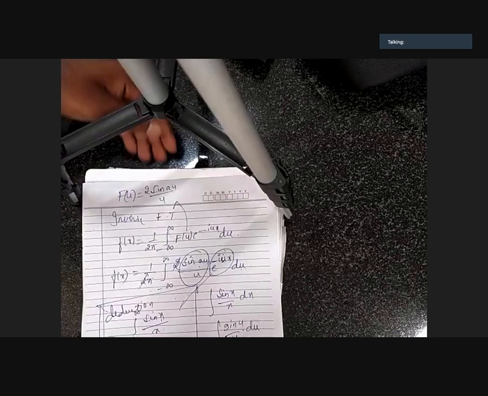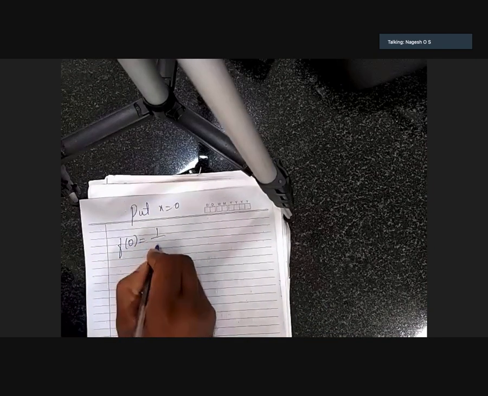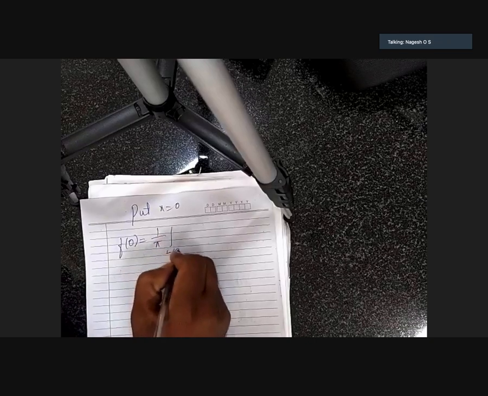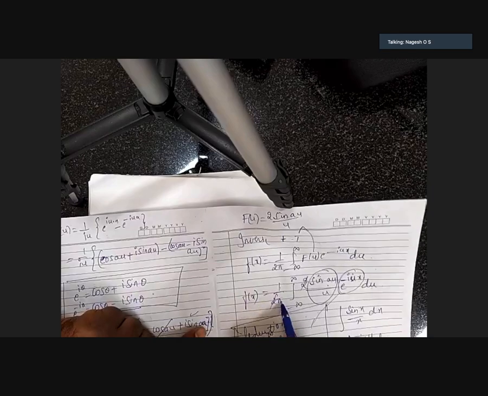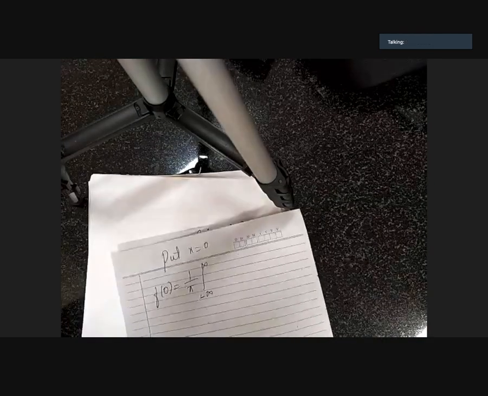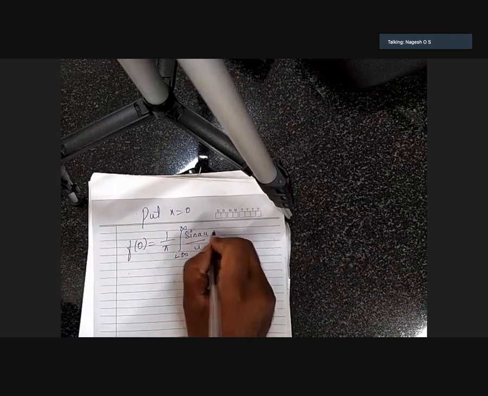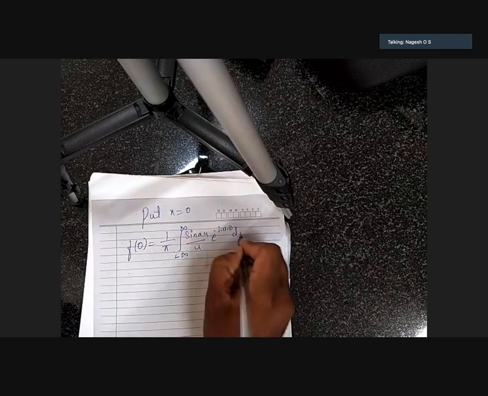Put x equal to 0: f of 0 equals 1 by pi, integral from minus infinity to infinity of sin au by u, e power minus i into u into 0, du.